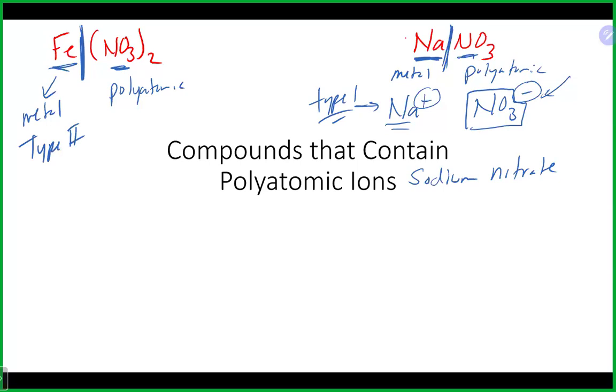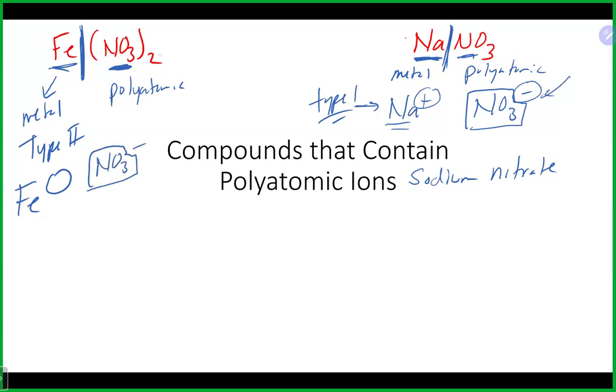And that tells us that we should use a Roman numeral in this case, and we need to figure out the charge of the iron. And just like we did previously with type 2, although we may not know what the charge is on the iron right off the bat, we will know what the charge is in this case of the polyatomic ion, and that is NO3 minus.